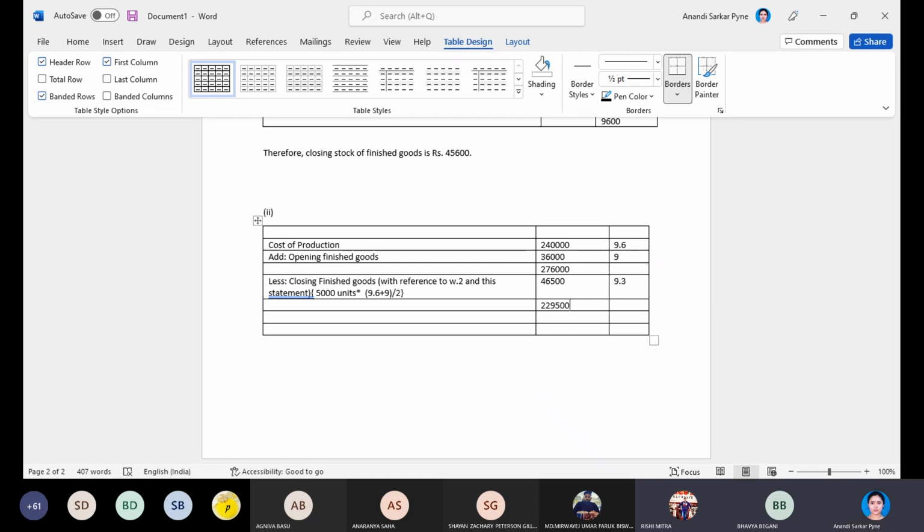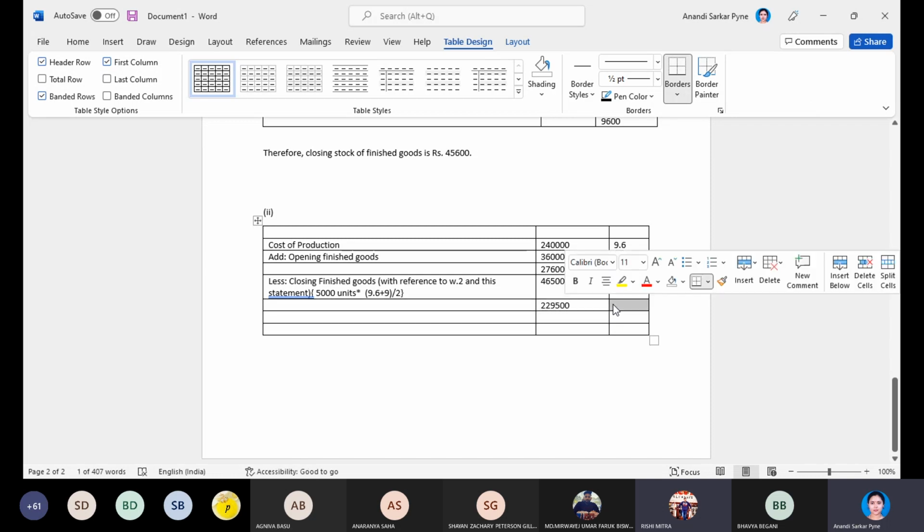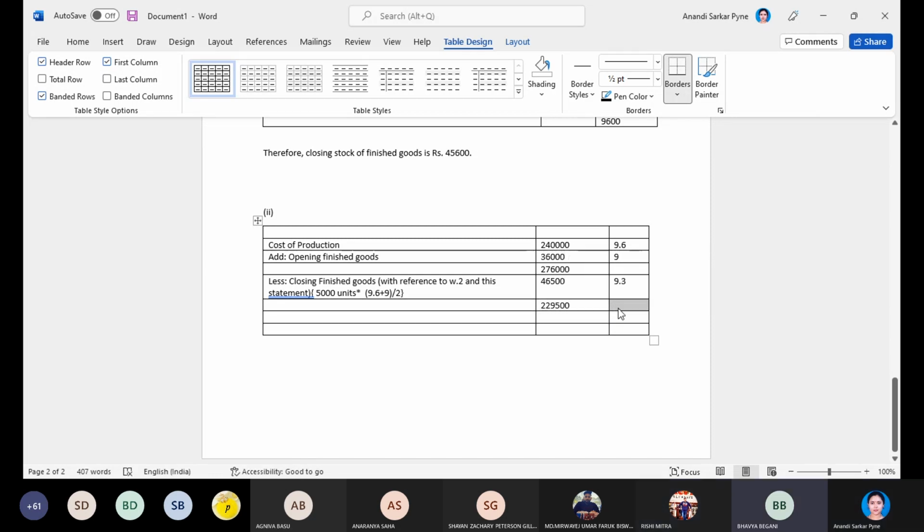Then 2,29,500 divided by 24,000 is 9.56. So we can take an approx figure of 9.6 over here.